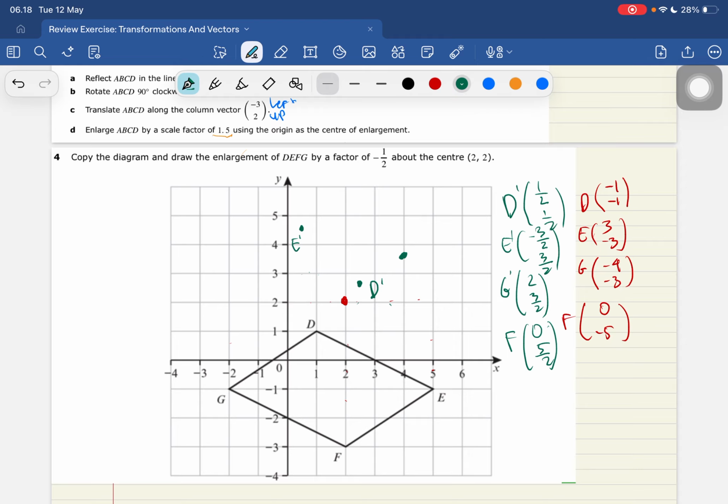Here it is. E, let's try again to double check: from the center, 1.5, and then also 1.5. Okay, here it is, E. Here is G. How about F? From the center, 2.5. Here is F. Okay, we can connect it. Here is the result after enlargement by a scale factor of negative 1/2.